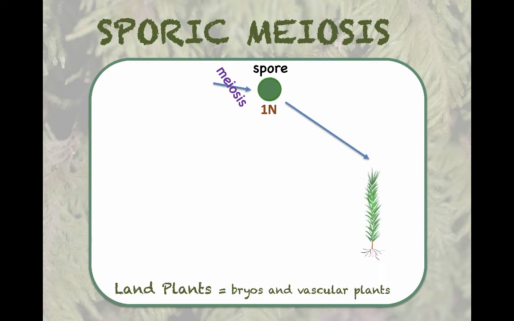Now that spore germinates into a structure, so in the mosses it's nice and leafy, and that structure is going to be haploid, and it has a name. It's a generation, and it's called the gametophyte. And the gametophyte is called that because it's a phyte, a plant, that produces gametes, eggs and sperm.